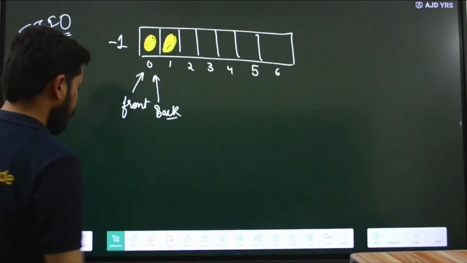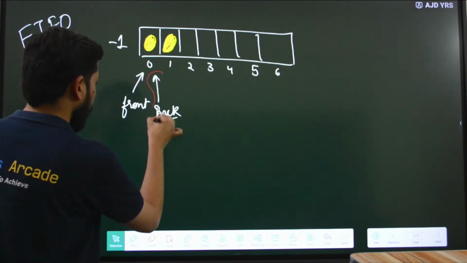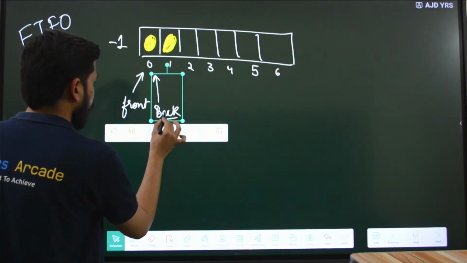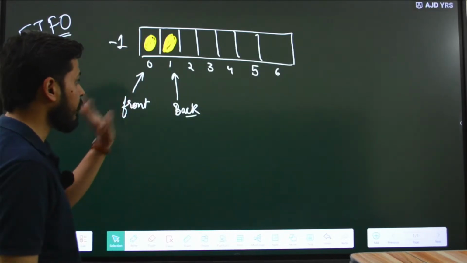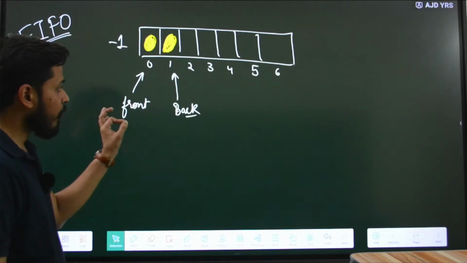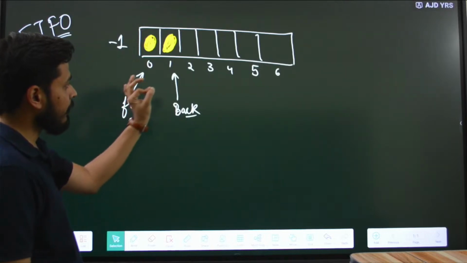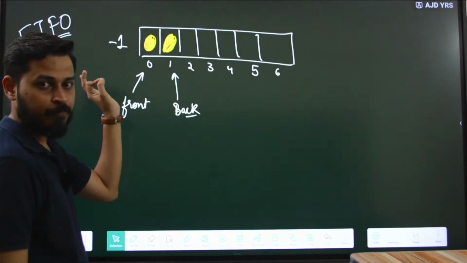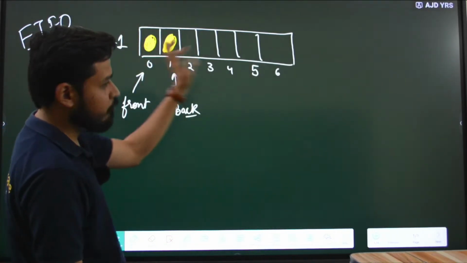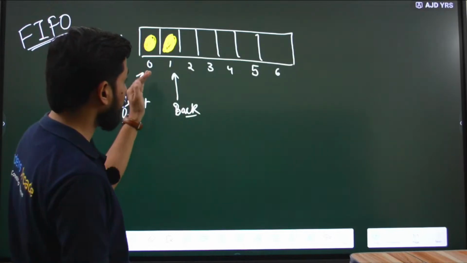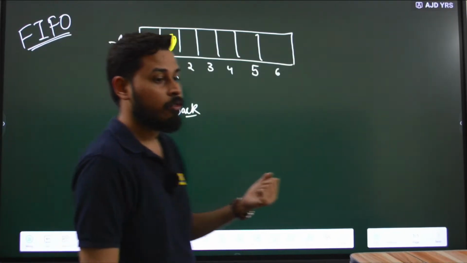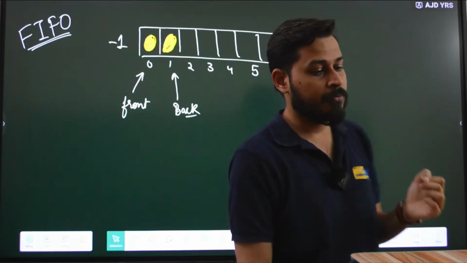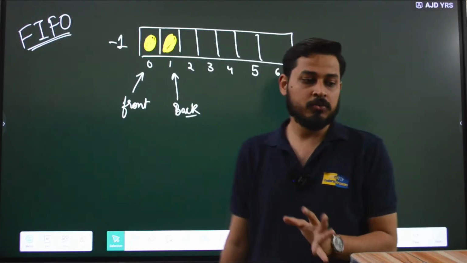In that case, back will again move further. But this time, front will not move. Front will remain at that particular place. If front moves, then this element gets deleted. This is how you implement the concept of first in, first out.